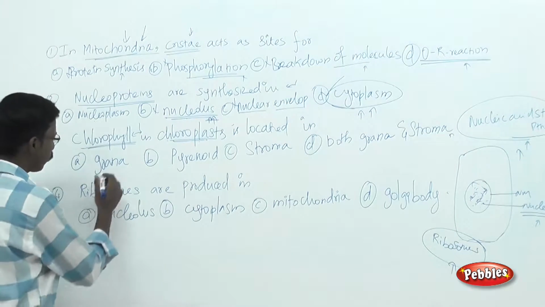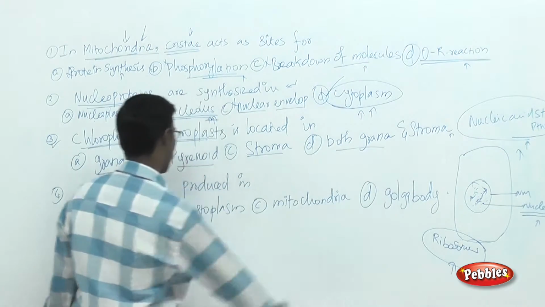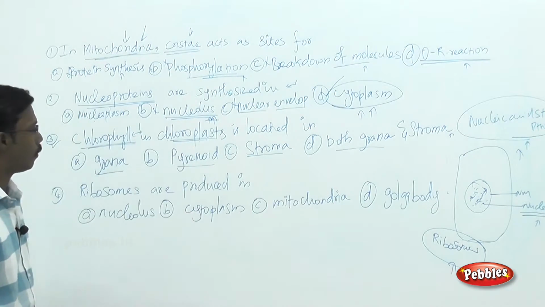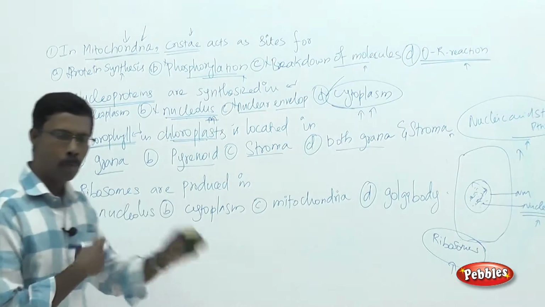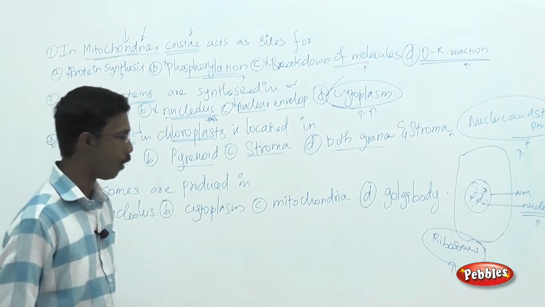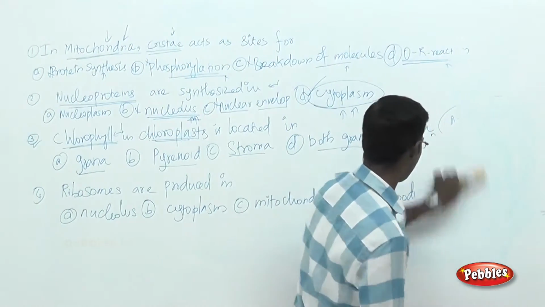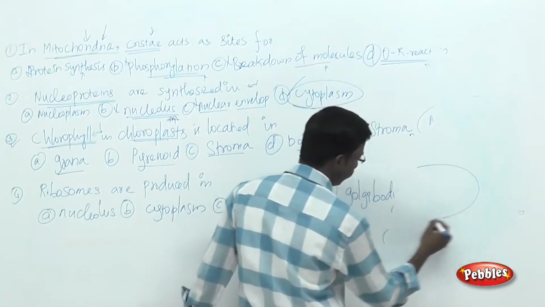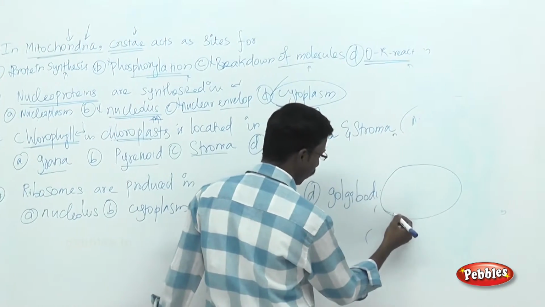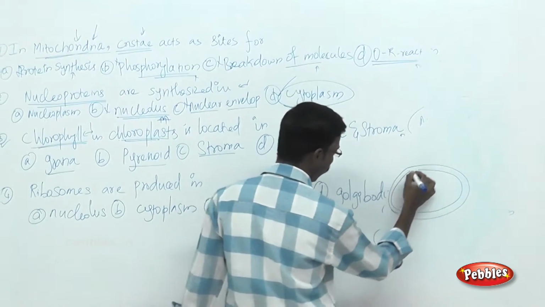There are many choices here: grana, both grana and stroma, pyrenoid. You have to recall the structure of the chloroplast, then only you can answer the question. See the structure. As we have seen in the mitochondria, it is also covered by two membranes, an inner membrane and an outer membrane.